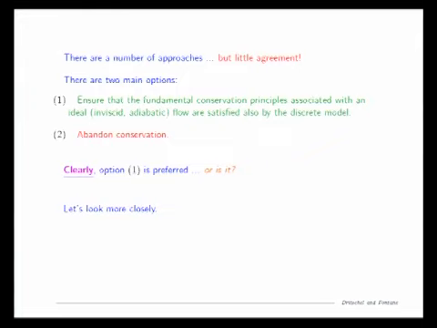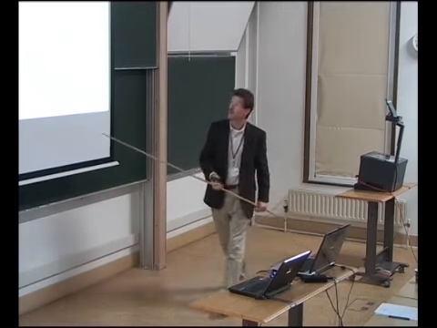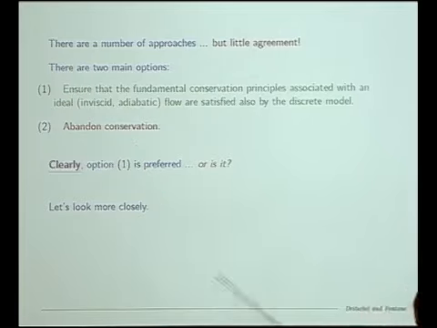Essentially there are two main approaches taken, though there's little agreement between them. One, which seems very good on the face of it, is that you ensure all the fundamental conservation principles associated with an inviscid adiabatic flow are still satisfied in the discrete model. You might actually have a diabatic model, but nevertheless you want to formulate the equations such that if you were solving an adiabatic, conservative system, you would ensure conservation of everything you know.